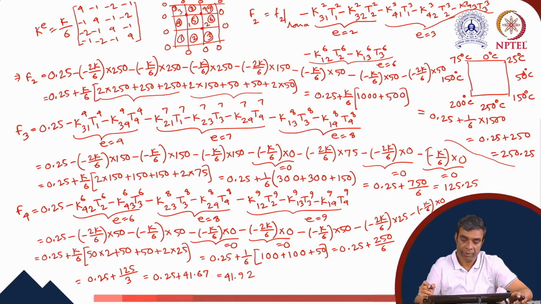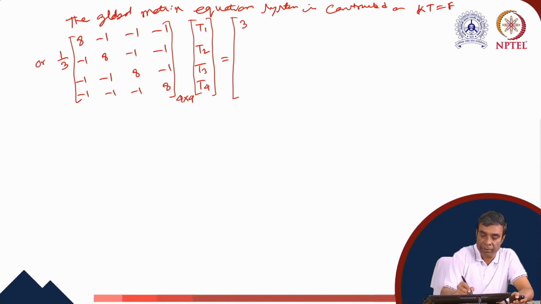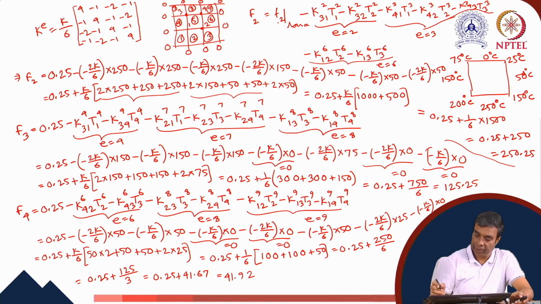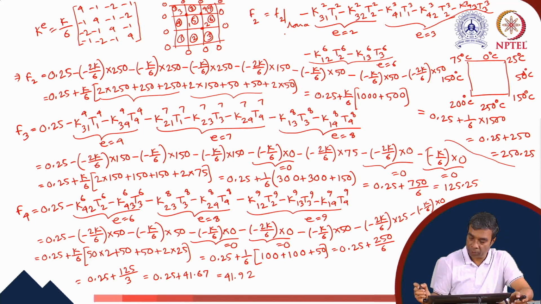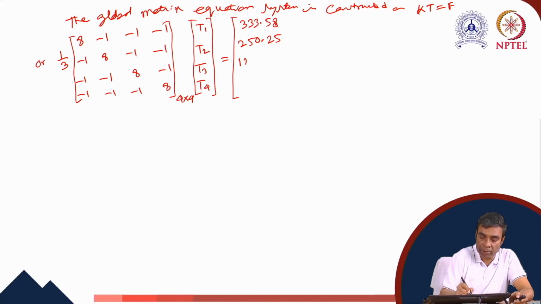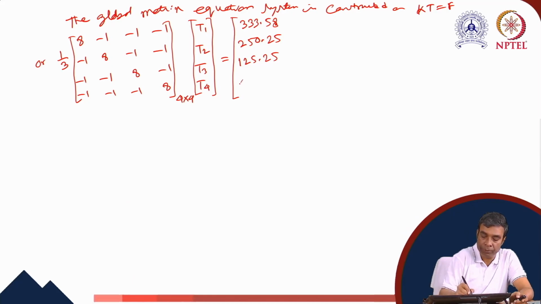The first value was 333.58. The next was 250.25. The next was 125.25, and the final was 41.92.